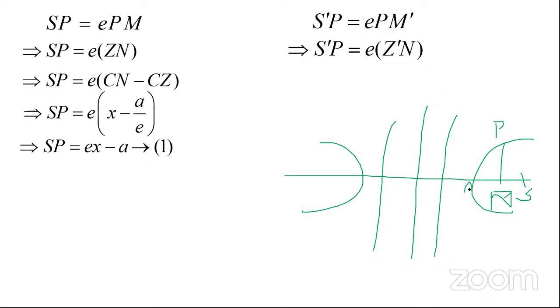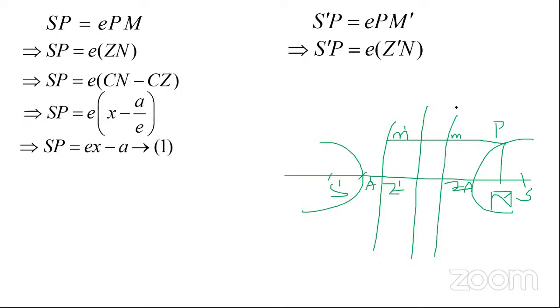This value is A. And this value is Z. And Z'. And this value is S'. And this vertex is A'. And the line perpendicular to the directrix from P meets M and M'.